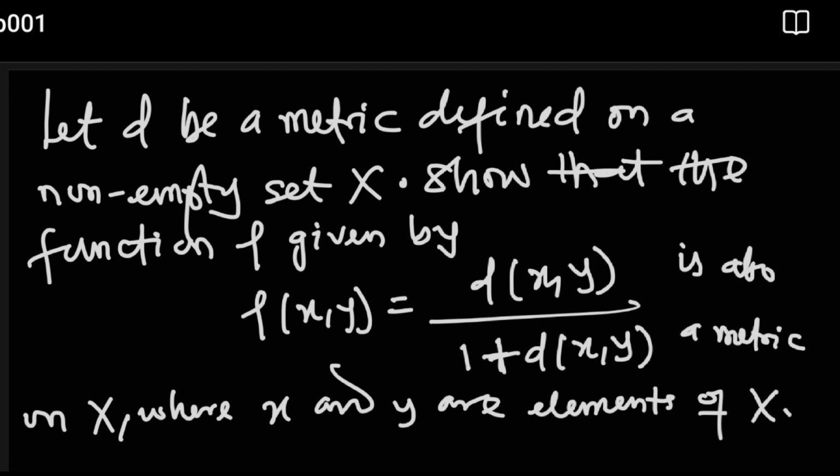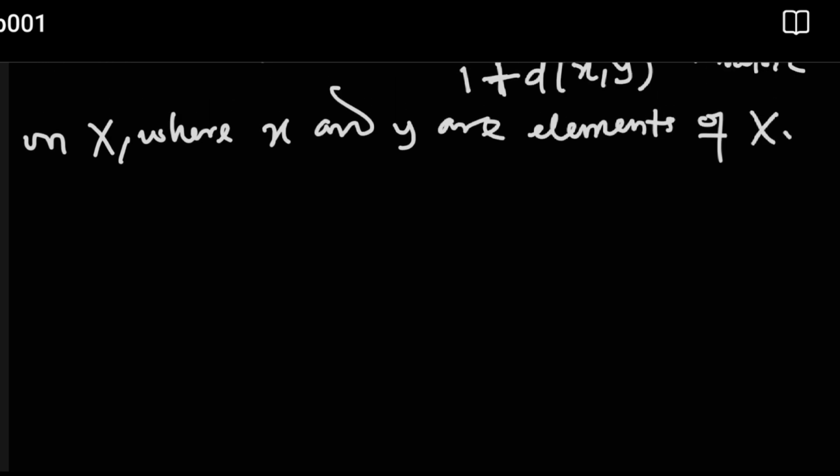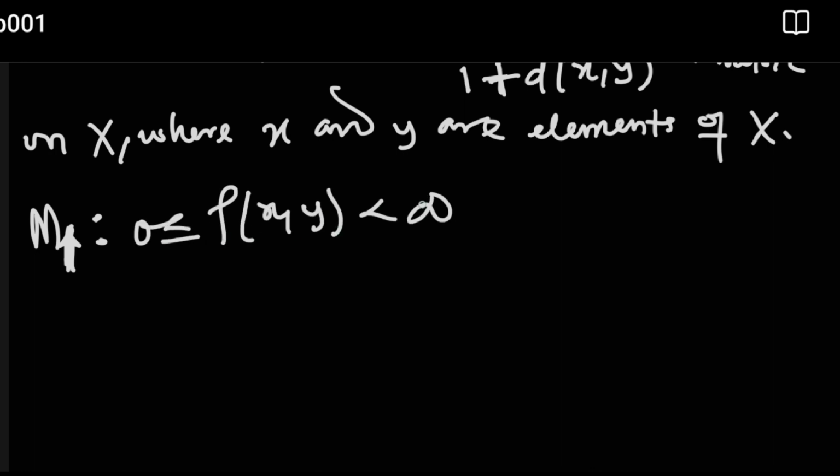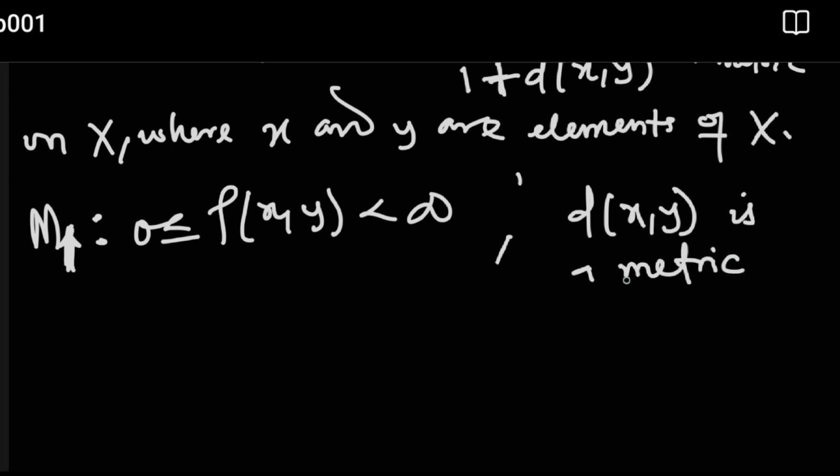Now remember, what are we going to do? Show the four axioms. The first one is 0 less than or equal to rho of xy, which is less than infinity. Remember, we have been given that d(x,y) for every x, y in X is a metric. That means d already satisfies all four axioms.